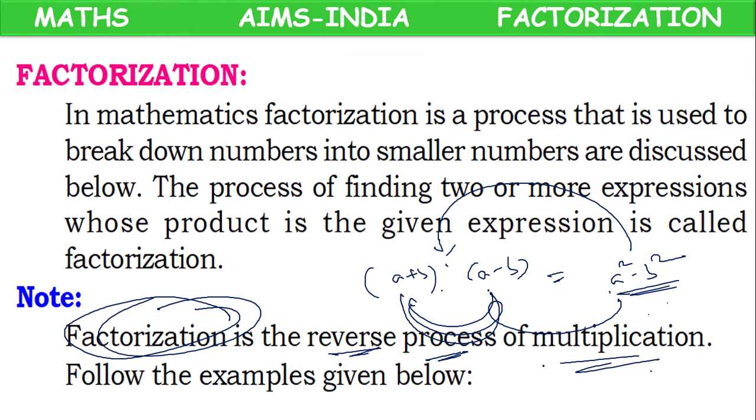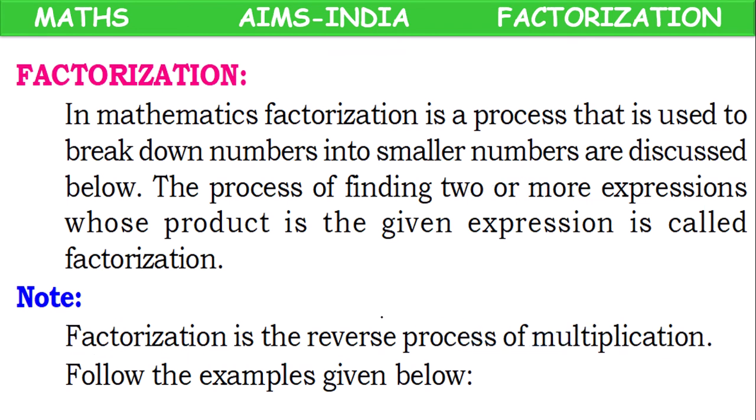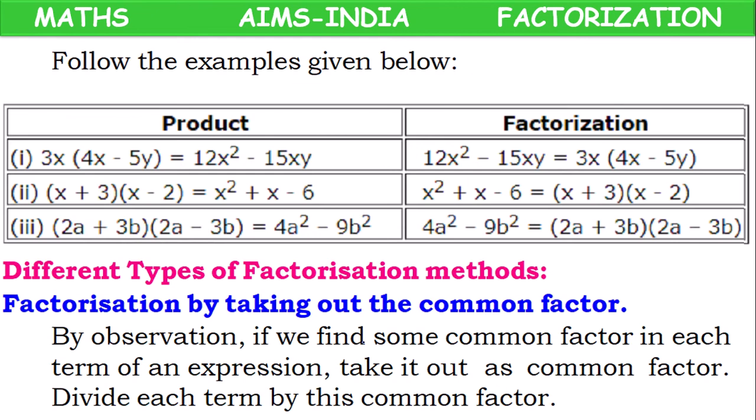In multiplication, smaller expressions are multiplied to form a bigger expression. But in factorization, the bigger expression is split into two individual or smaller expressions. So that's why we can call factorization the reverse process of multiplication. Let's see the example children.